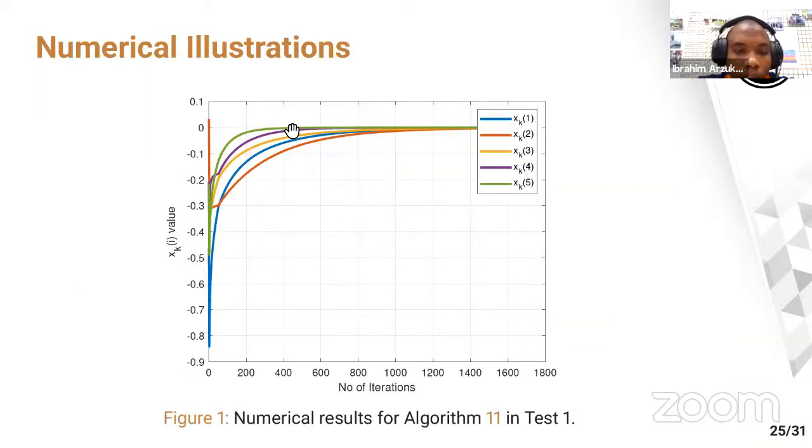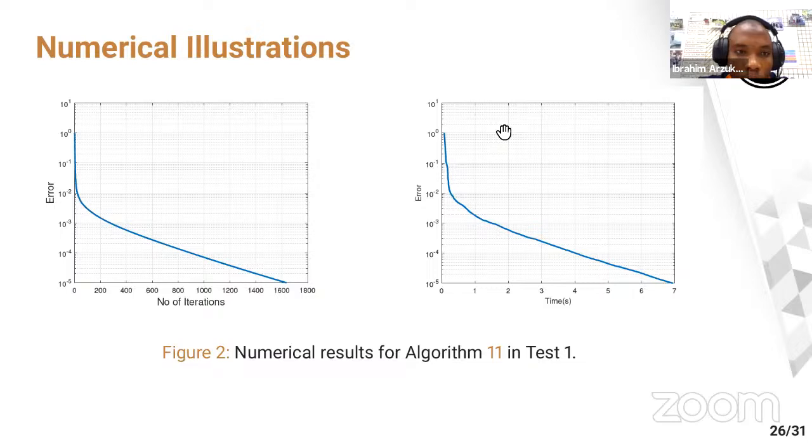So this is the first result. You see these are the coordinate values of the coordinates. You can see that they all converge to 0, which is the equilibrium point, the point 0, 0, 0.5 in each coordinate.